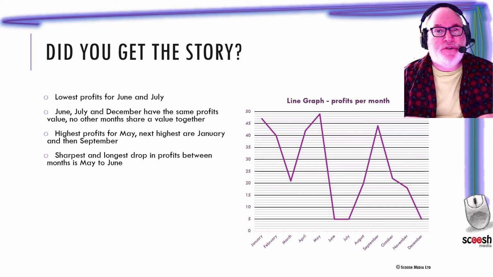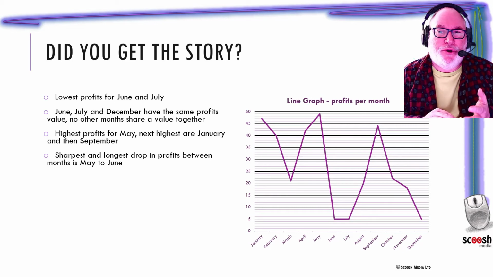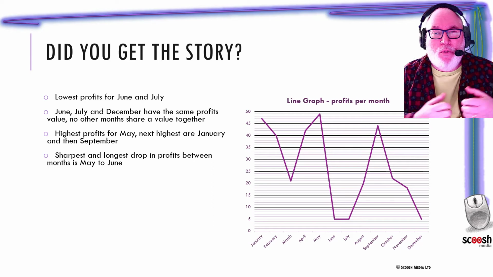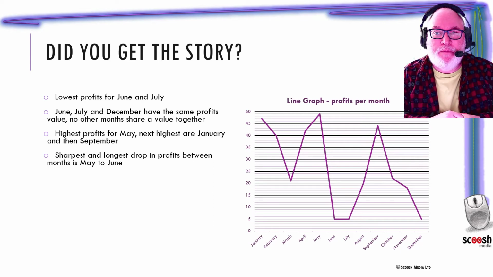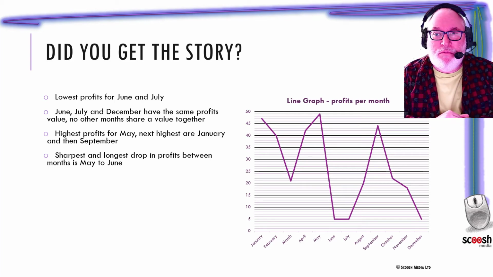We start to think as to the reasons why. The lowest profits: June, July, December. We would then ask questions as to why, maybe. What happened in June and July? What happened in December? June, July could be fair holidays, it could be a shutdown, there could be all sorts of reasons within an organisation.